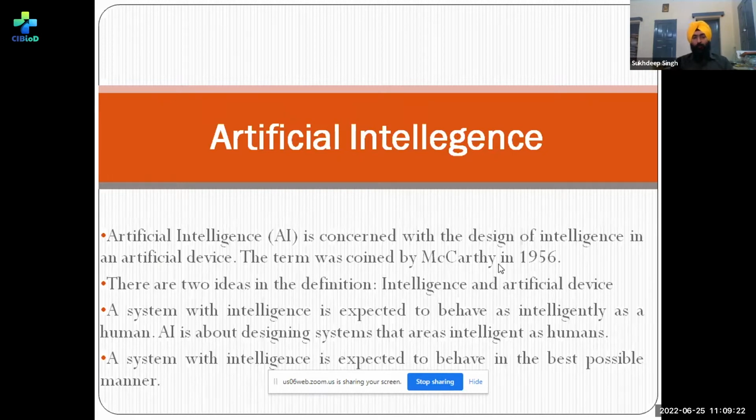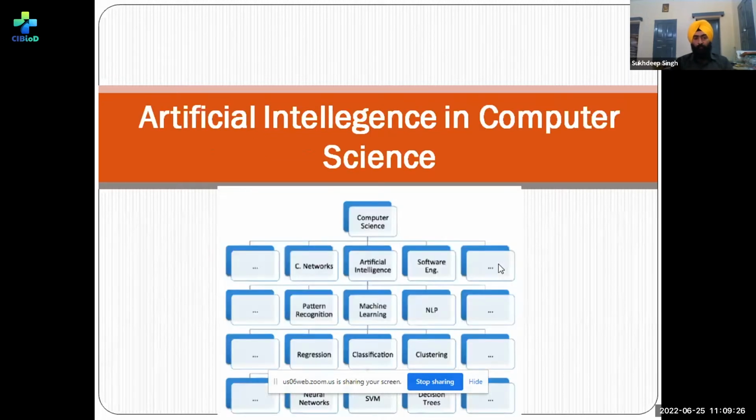Knowingly, unknowingly, we deal with AI in many manners. Artificial intelligence is a subdomain of computer science, where pattern recognition, natural language processing, machine learning, aggregation, classification, and many other things are performed under the umbrella of artificial intelligence.